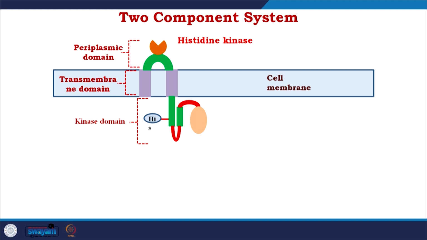The periplasmic domain works as a receptor. There are different types of receptors responding to different emergency situations.